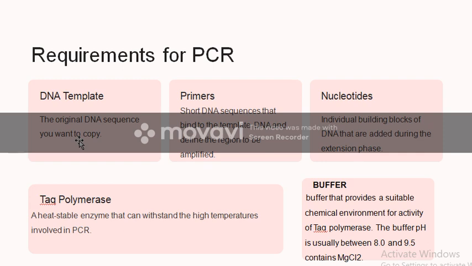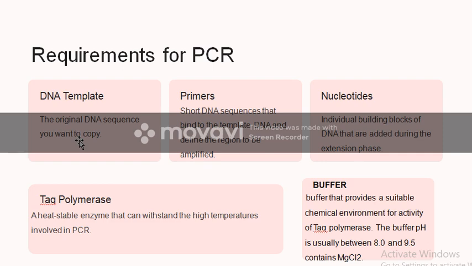We take that template DNA, and then we have primers. The primers we use are synthetically prepared ribonucleotide primers, which are complementary and able to bind to the DNA strands.